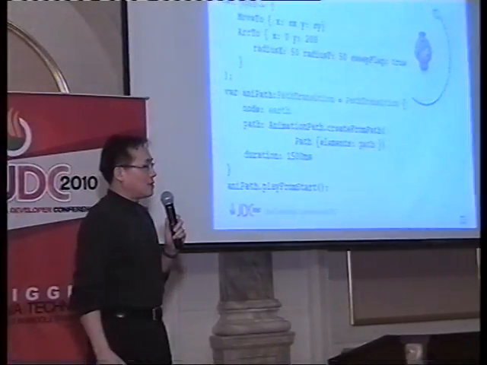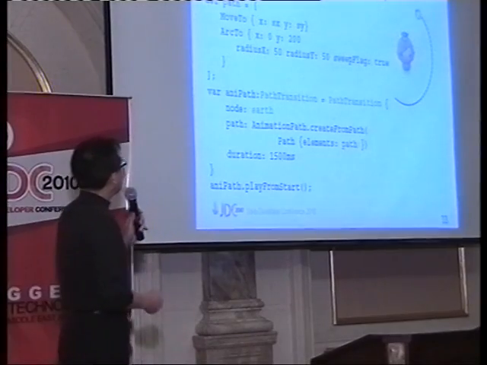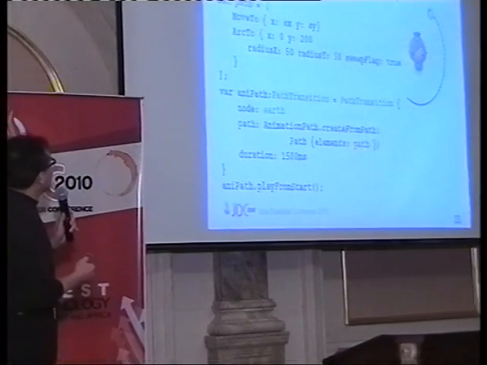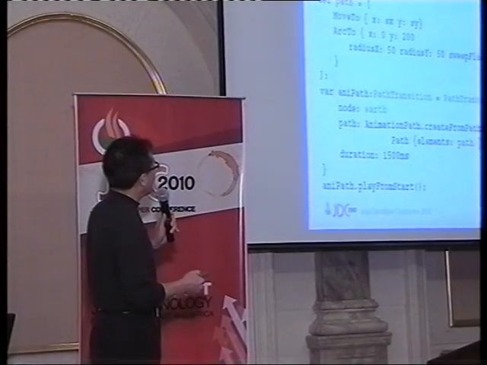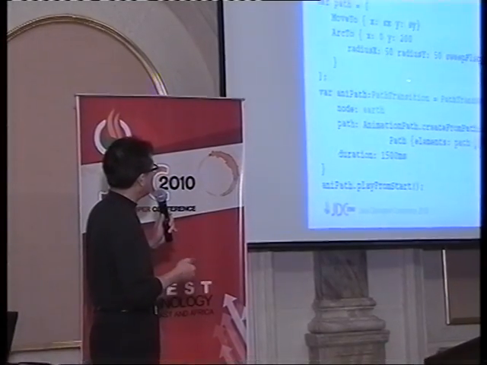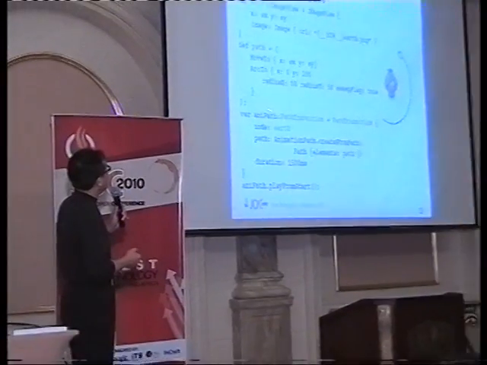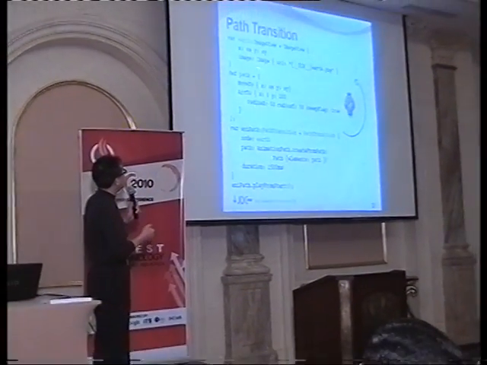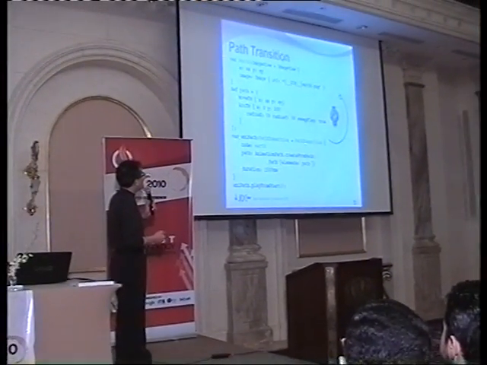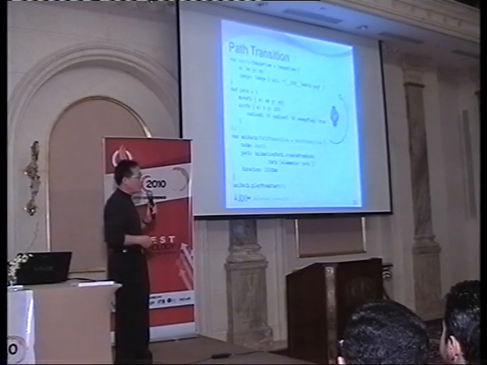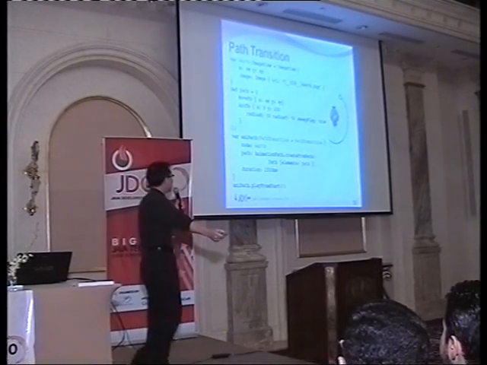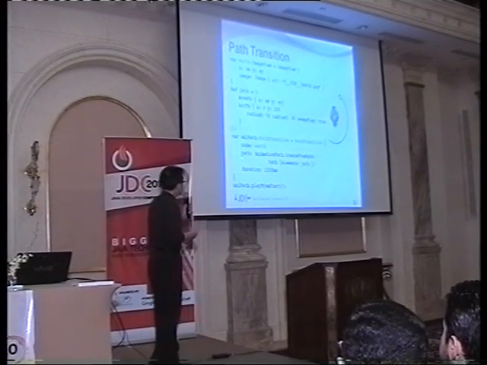This is a path transition. So here I have the Earth image, and I also have the princess image, which I did not show in this code. And then I define the path, and here I'm creating a path transition object, and this is the node where this path transition will be applied, and this is the path.